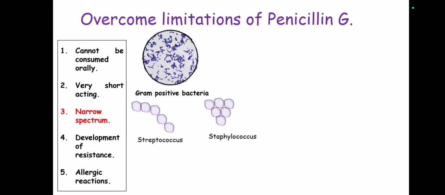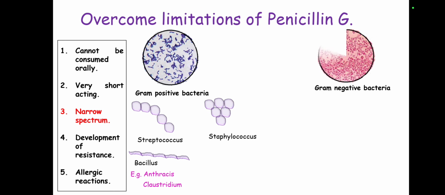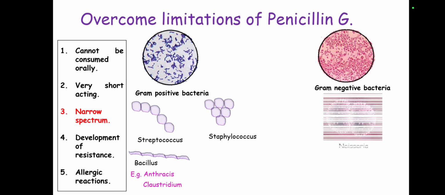It also includes gram positive bacilli like Bacillus anthracis, which is the causative bacteria for anthrax, and even Clostridium, which is the causative organism for tetanus and gas gangrene. Now among gram negative bacteria, it is effective against gram negative cocci, which is normally Neisseria, both Neisseria meningitidis and Neisseria gonorrhoeae.